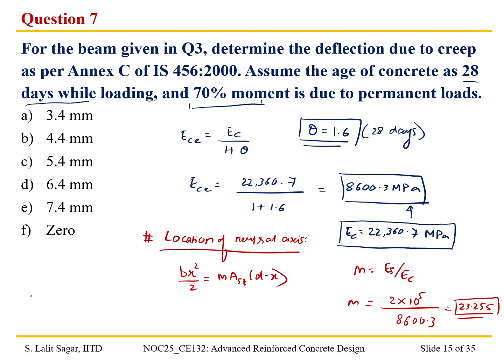Let me write down the values. We have b is equal to 300 mm, right? Better I'll write down the equation, then we can solve for the value of x. So 300 into x square by 2 is equal to 23.255 multiplied by 1256.64 into 450 minus x.